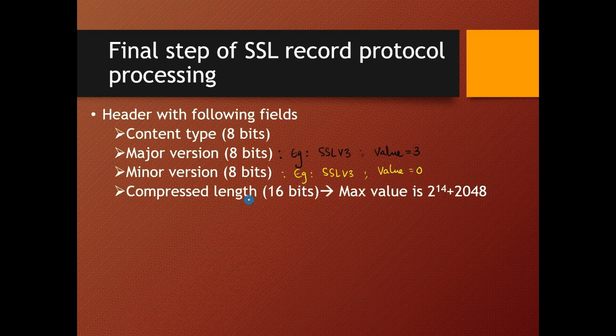Finally, we have the compressed length, which is of 16 bits. Here the maximum value will be equal to 2 to the power 14 plus 2048. This compressed length indicates the length in bytes of the plain text fragment, or the compressed fragment if compression is being used.